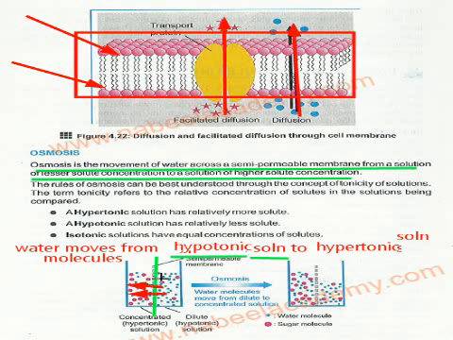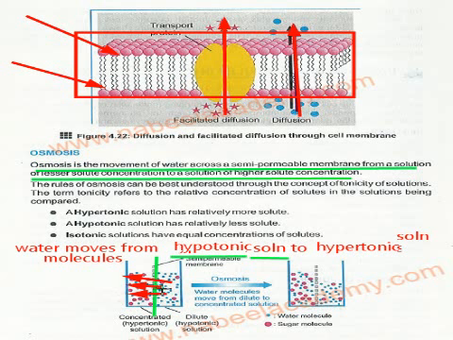Where there is less sugar, the water is going to move away from there. Why? Because the semi-permeable cell membrane, this green area, wants to maintain a balance.